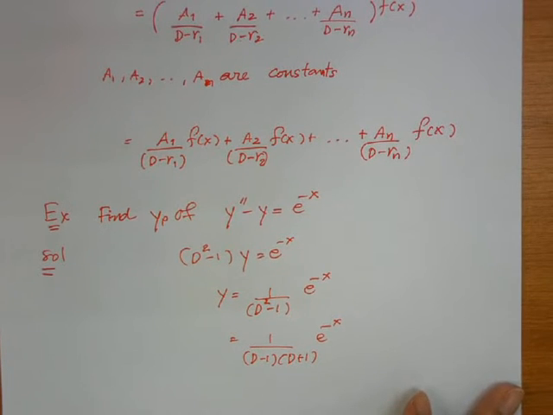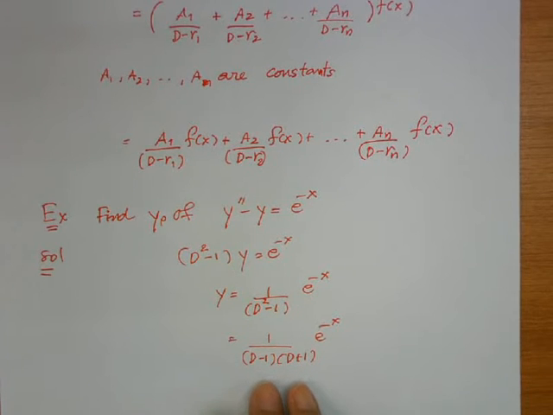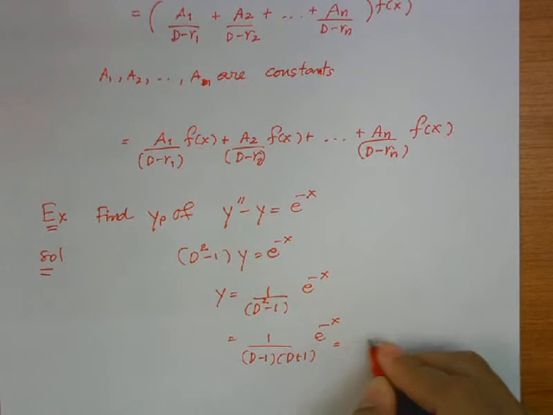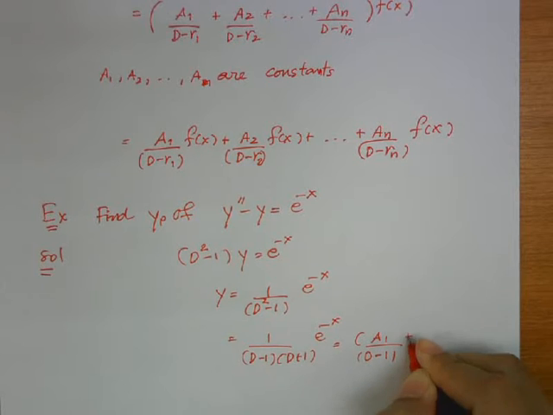Now, instead of doing the integration right away, we are going to use partial fraction to separate these terms. So we would get a1 over (D minus 1) plus a2 over (D plus 1).